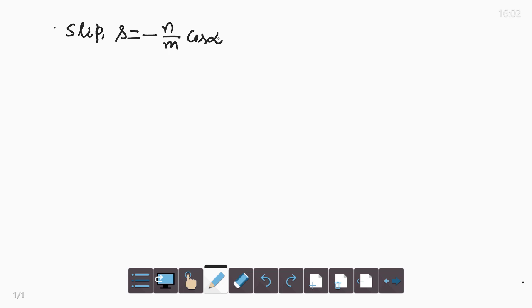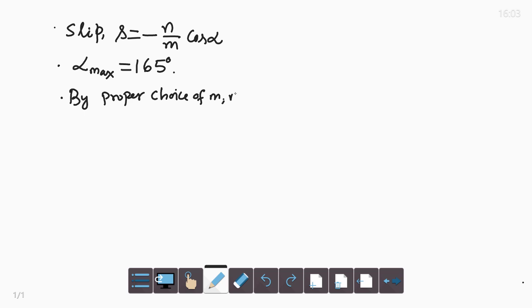And alpha maximum is 165 degree for good commutation, and by choice of m, required speed range can be obtained. Required speed range can be obtained by choosing the m.